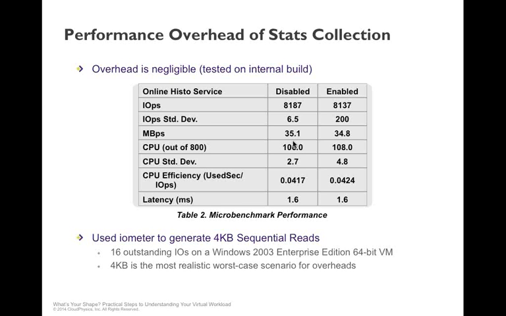We've studied it from an IOPS perspective to see, is there a difference in IOPS? Is there a difference in the throughput? Is there a difference in the CPU utilization? And also the overall latency that the IOs are taking.